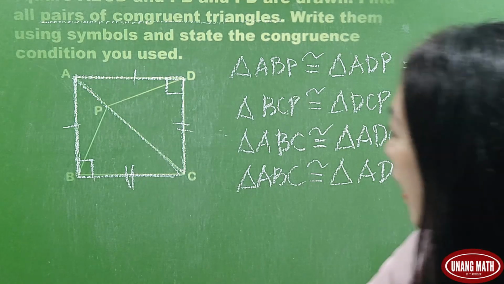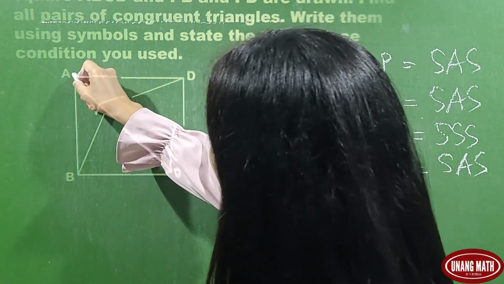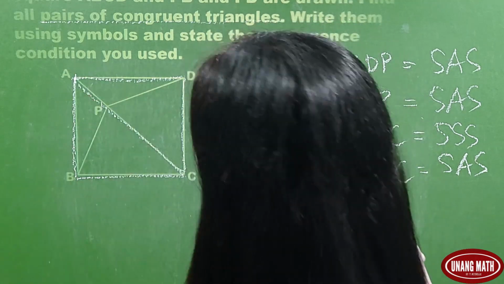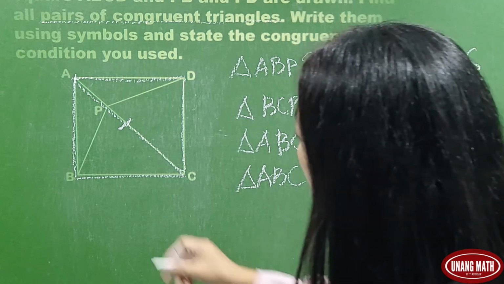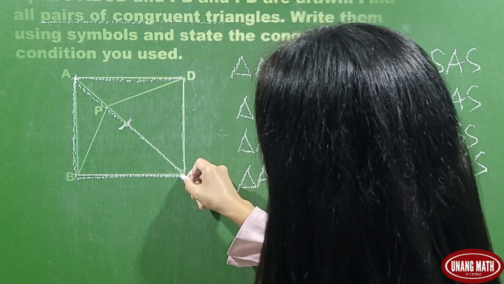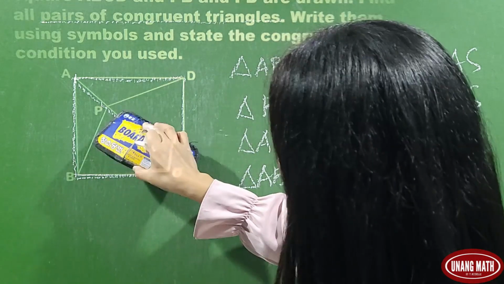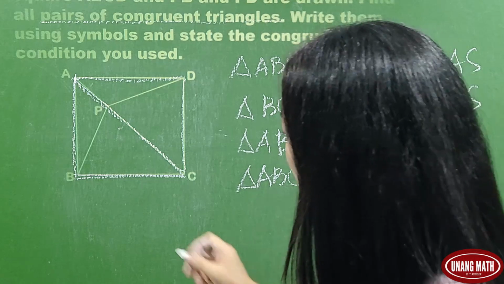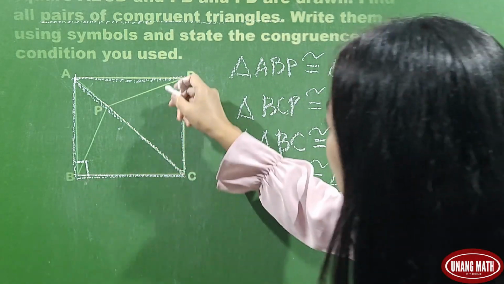Okay, aside from that, we can also think like this. Considering these triangles, they share the same line AC, but we're not going to consider that for now. What we are going to consider this time is this angle, 90 degrees.